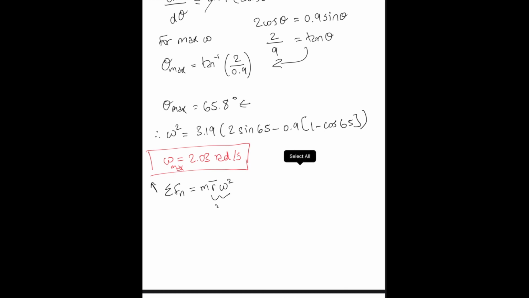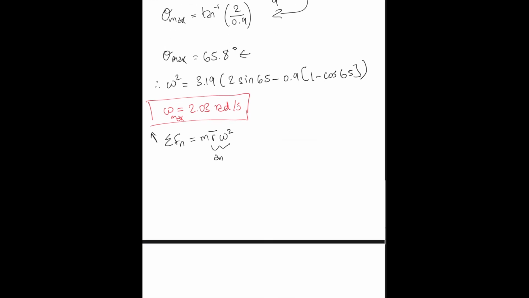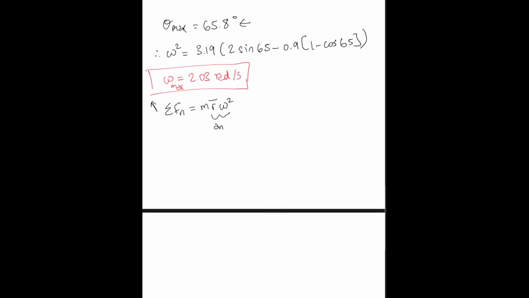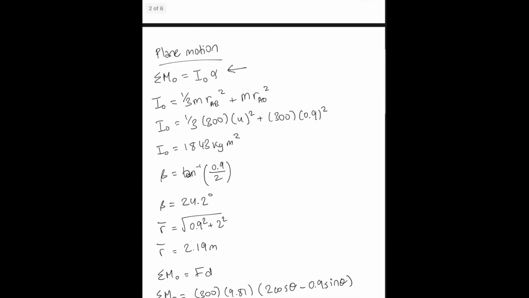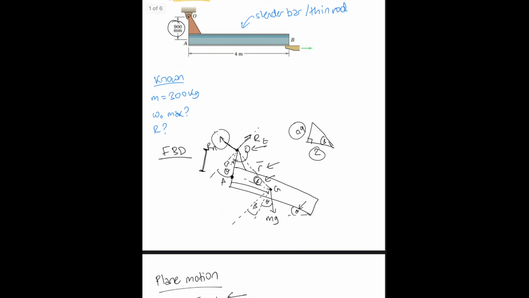Because the normal acceleration is equal to the angular velocity squared multiplied by the distance r. So sum of forces, we're just going to calculate it over here. It's going to be minus mg sine beta plus theta. And you need to always refer to your free body diagram to calculate those, right? So this is our mg, and this is our tangential and normal coordinates.